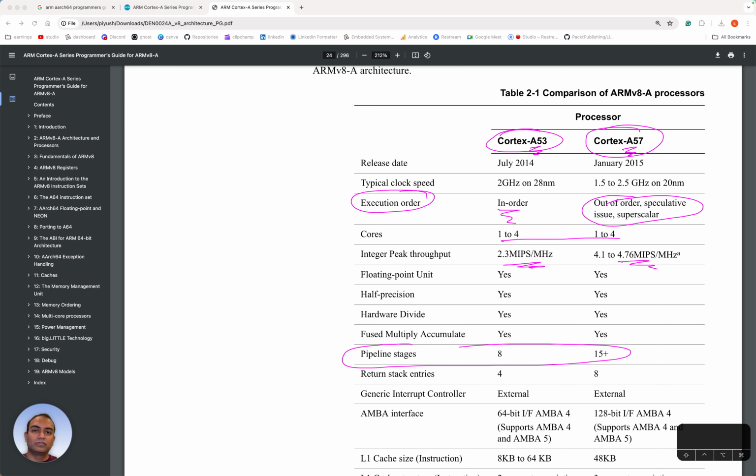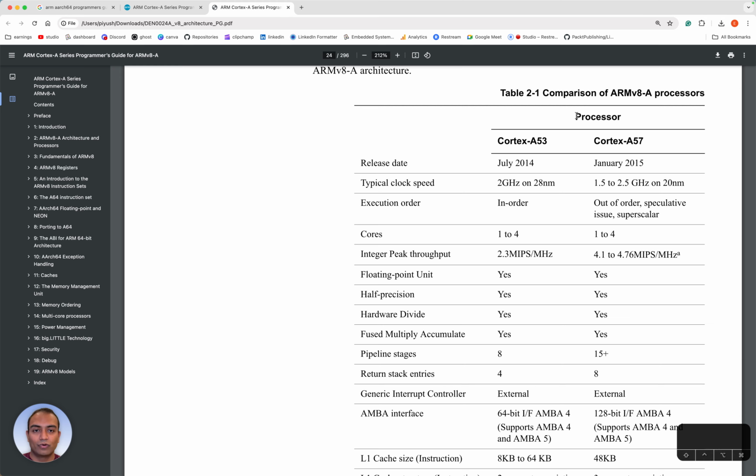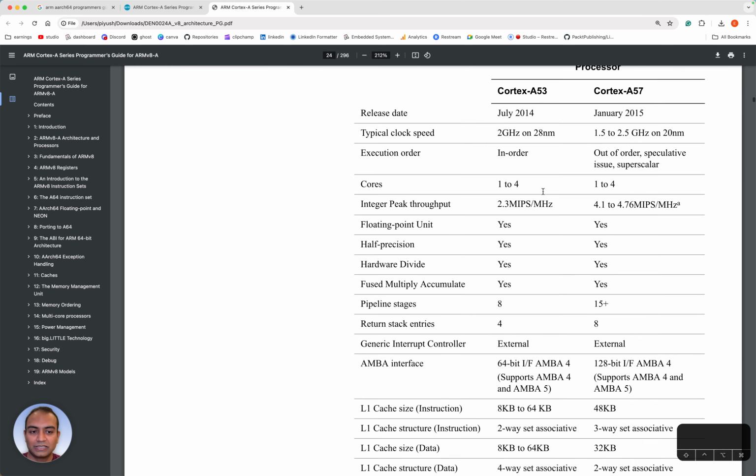So this should convince you that these are two different bicycles implementing the same specification, achieving the same effect, which is to move a person from one place to another. But the way they are designed, the handlebars, the seat, the gear system, and all of that, is different. So these are called microarchitectures, and the V8 architecture is, so to speak, the specification, right? So hopefully this again hammers home the point about what an architecture is and what a microarchitecture is.